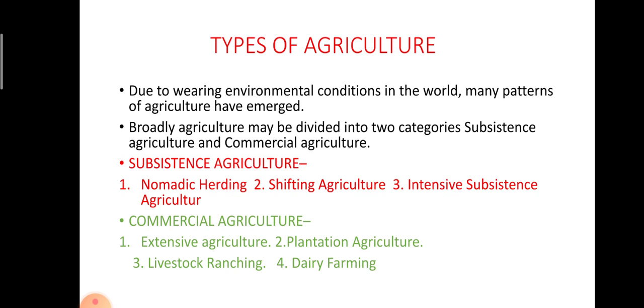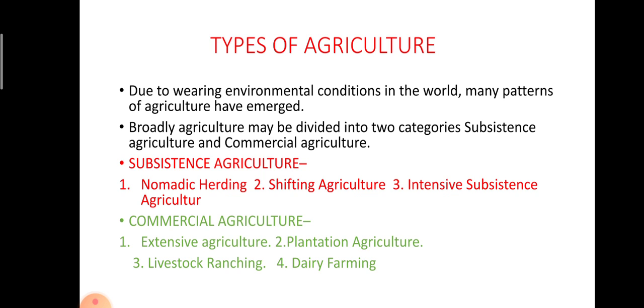In this type of agriculture, farmers grow a wide range of crops based on the anticipated need of their families or the community. Means whatever crops are required for their family or community, they produce such crops in the fields because they depend upon them.